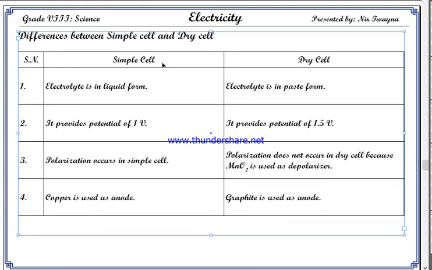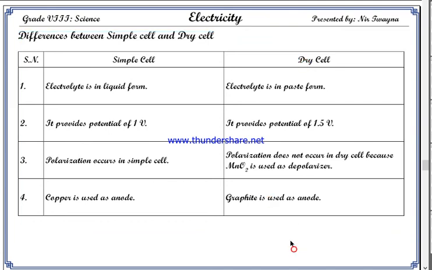Polarization occurs in simple cell, but in dry cell, because MnO2 is used as depolarizer, polarization does not occur. Copper is used as anode in simple cell, and in dry cell, graphite is used as anode. About cathode, it is the same in both: zinc is used as cathode in both of them.